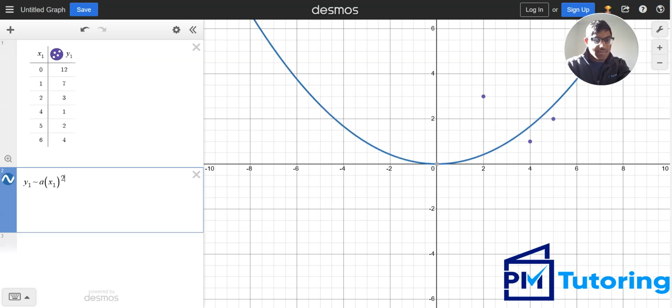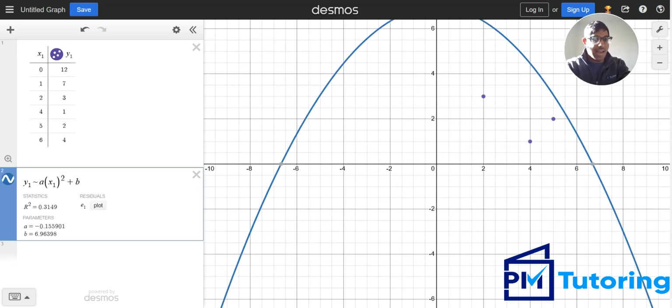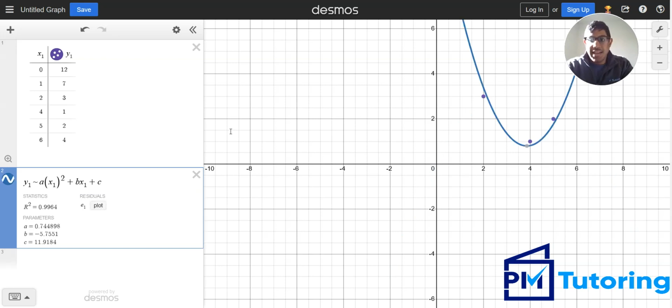So we square that, and then we do plus b times x sub 1 plus c. And notice how it creates this parabola for us that kind of just goes along those points. So the A term is about 0.744, the B term is negative 5.75, and the C term is 11.9.